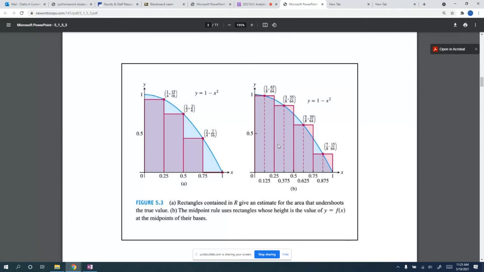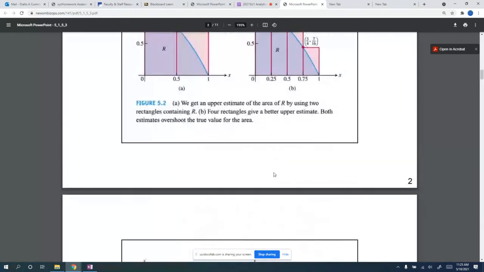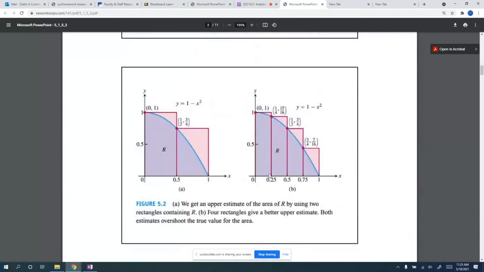So here's what the left endpoint and right endpoint mean. I'm going to go back to our first figure. If I look at my first figure, this first figure would actually represent a left endpoint.